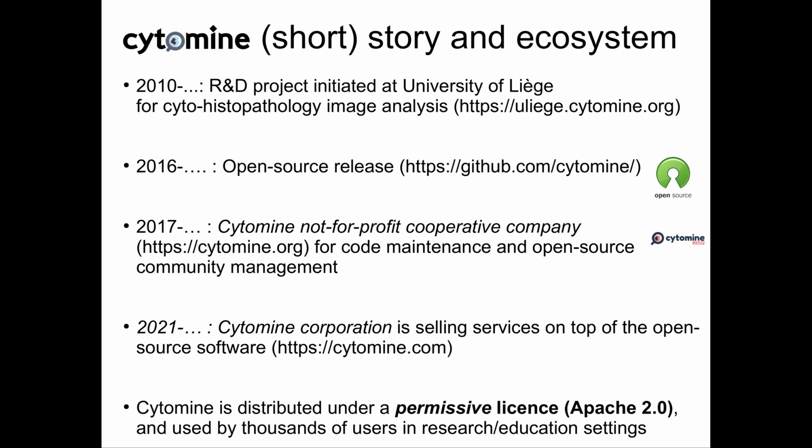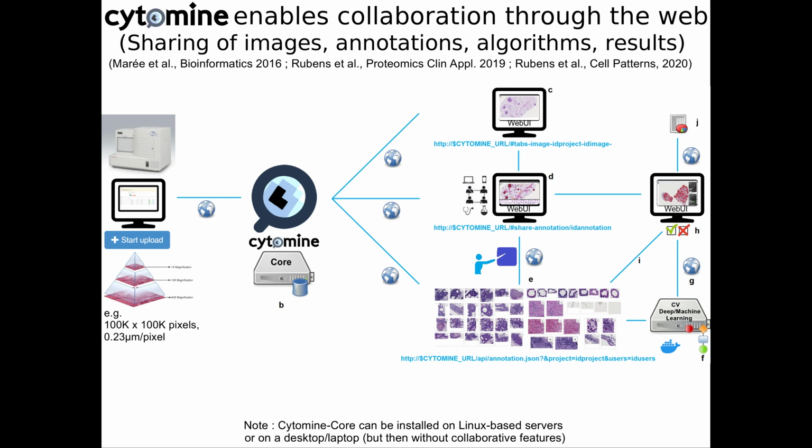So as I said, Cytomine is distributed under a permissive license and is currently used by thousands of users in research and education settings. The philosophy of Cytomine is to allow multidisciplinary teams to share everything in their biomedical studies, including images, annotation, algorithms, source codes, and results.